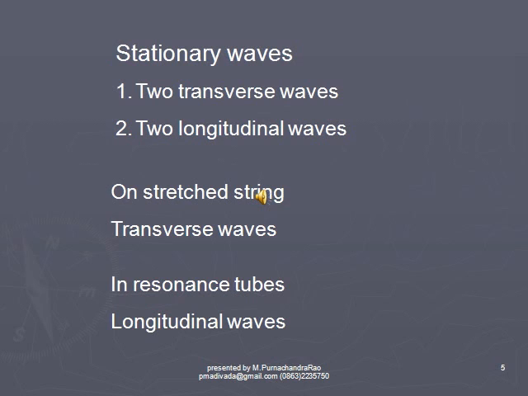For example, stationary waves on a stretched string are produced by the superimposition of two transverse waves, whereas in resonance tubes, it is the superimposition of longitudinal waves that produces stationary waves.